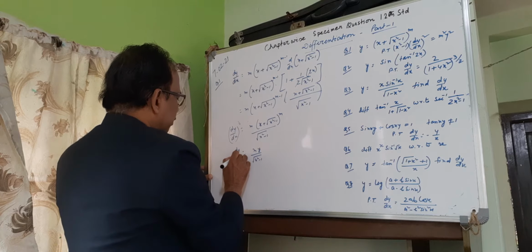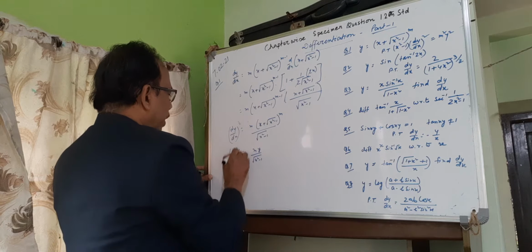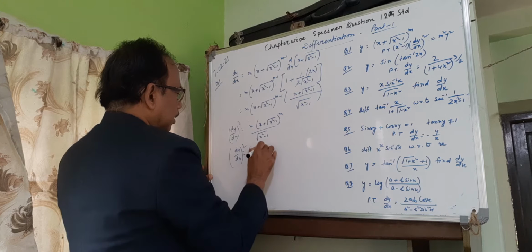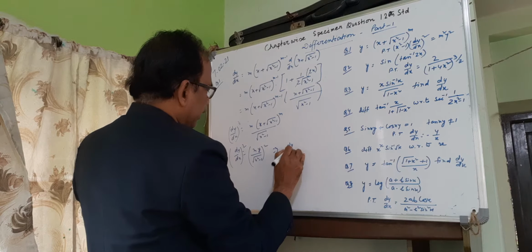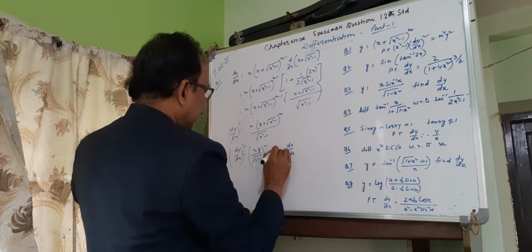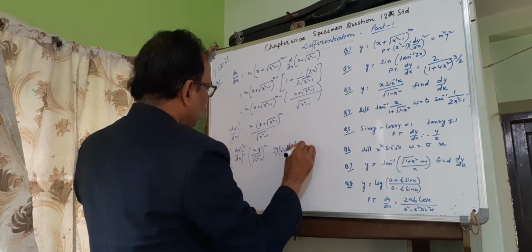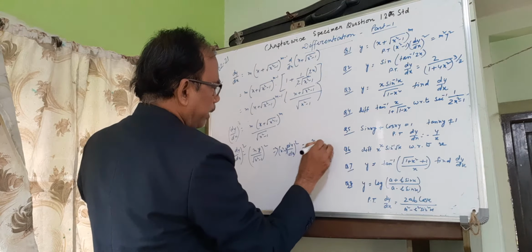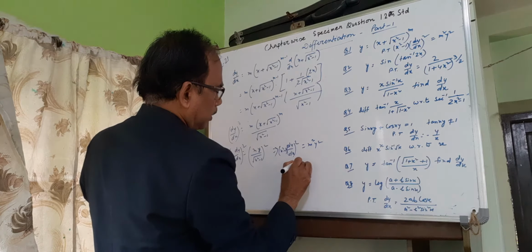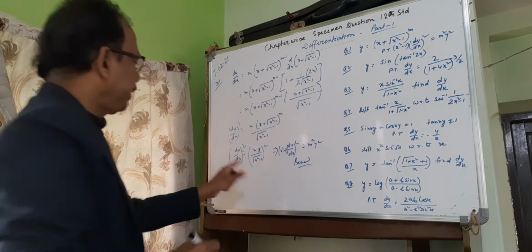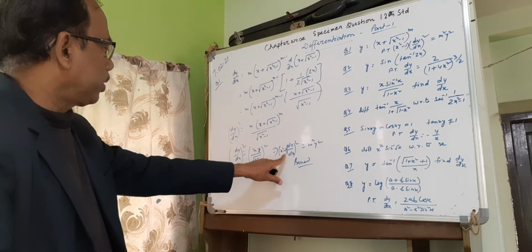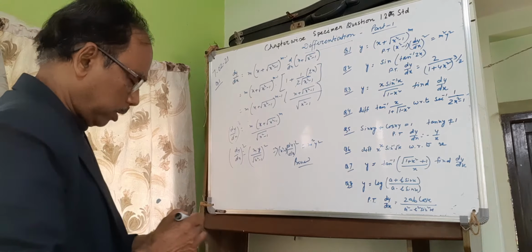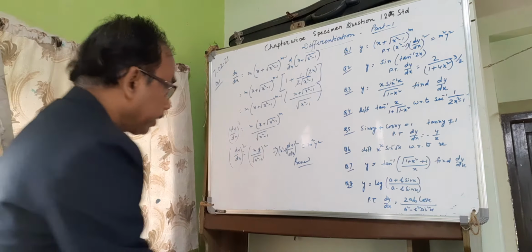Then squaring both sides, x square minus 1 into dy by dx whole square equals to m square y square. Hence proved. On squaring, the square root is removed and comes to this side, that is x square minus 1 into dy by dx whole square equals to m square y square. Proved. Next, question number 2.